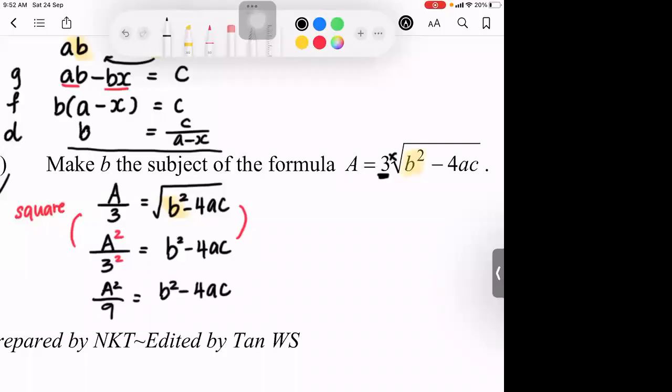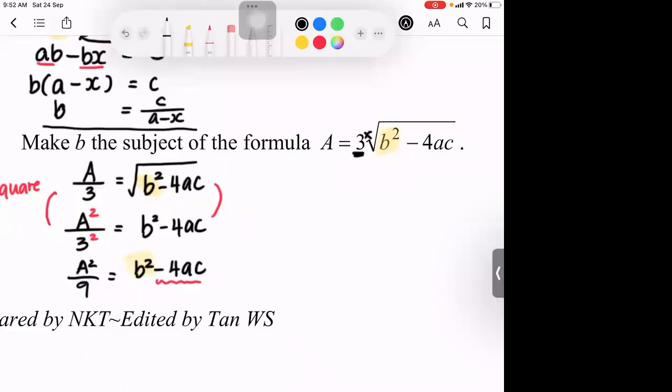Let's check. I want b, only got one term with the b squared over here. That means I don't want this portion. This is minus 4ac. How to get rid of minus 4ac? How to get rid of the minus 4ac?